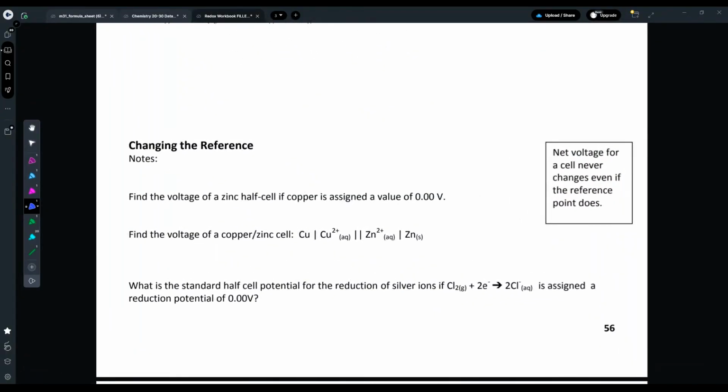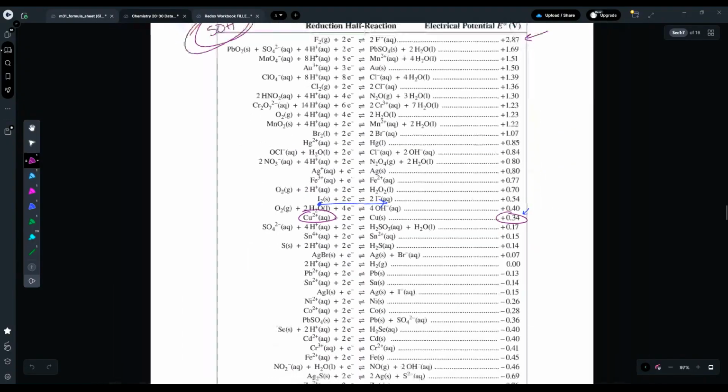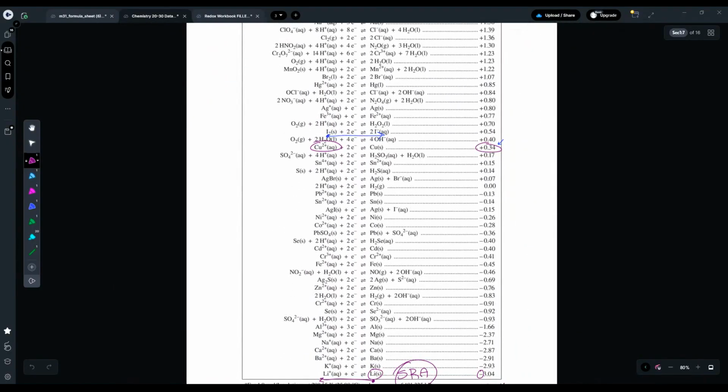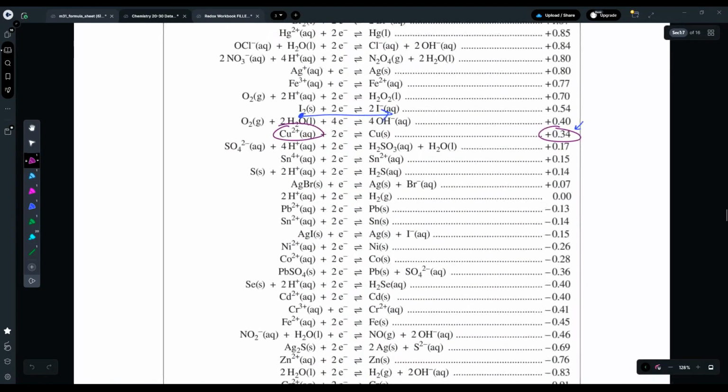Moving on to changing the reference. We said that the hydrogen half cell is the reference for this entire data table. If I find the hydrogen half cell, it's right here, and it's got an electric potential of 0 because it's the reference cell.